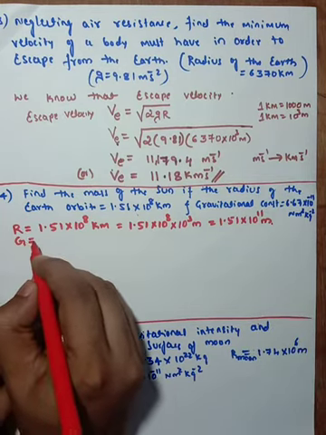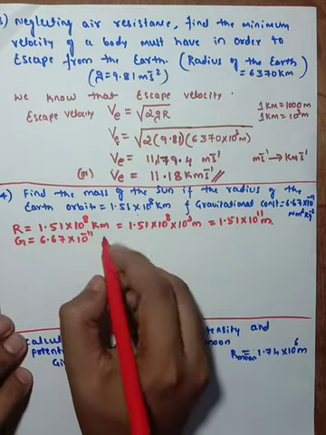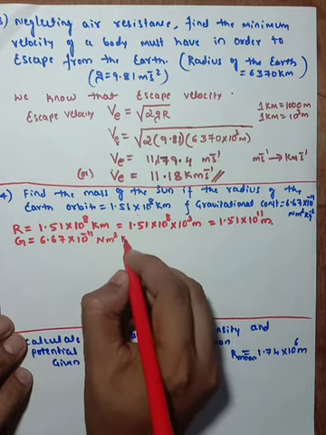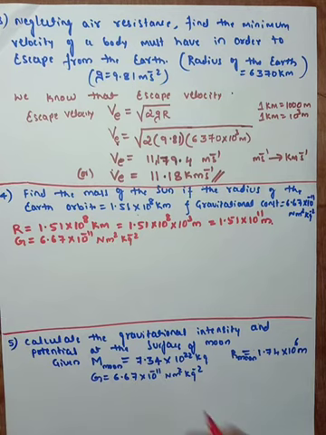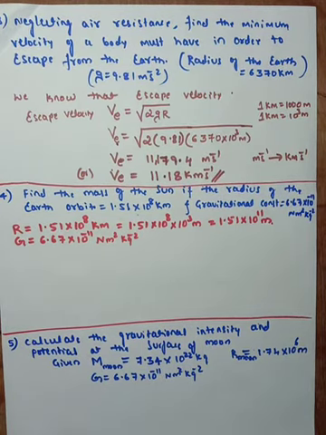G value is given in the problem itself, 6.67 into 10 raised to minus 11, SI unit is Newton meter square per kg square. We already know 1 year is required for the earth to revolve around the sun.